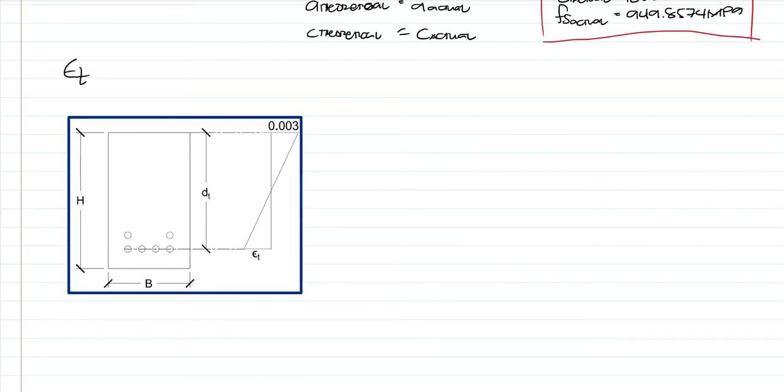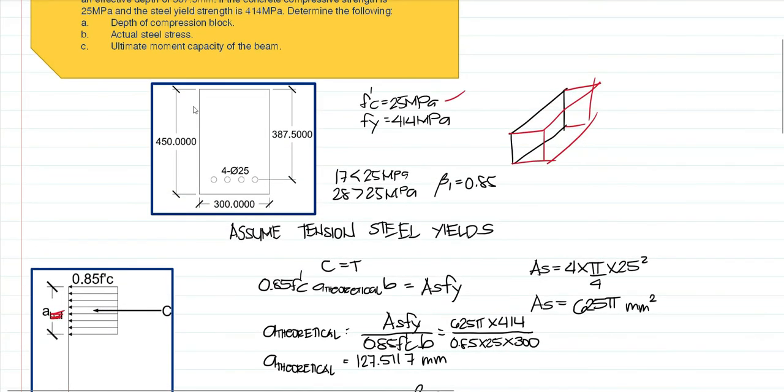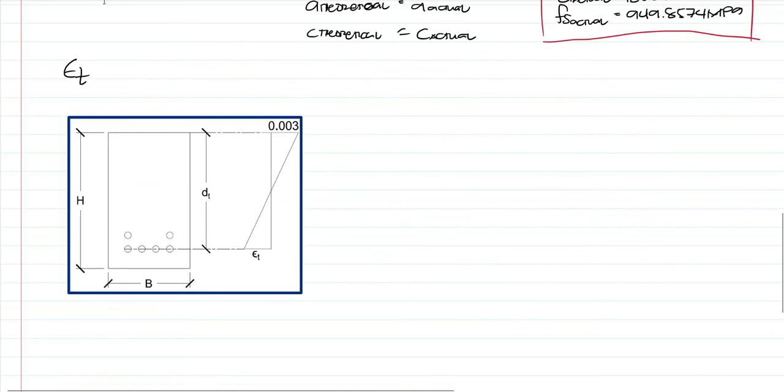Pero as you can see, dito sa given natin na beam, single layer yung beam natin. Ibig sabihin, yung D natin is equal sa ating D sub T. So, pag dinerive natin yung equation ng ating epsilon sub T, okay lang naman kung kabisaduhin nyo, pero kung makakalimutan nyo is much better kung lagi nyong ilalagay yung strain diagram.